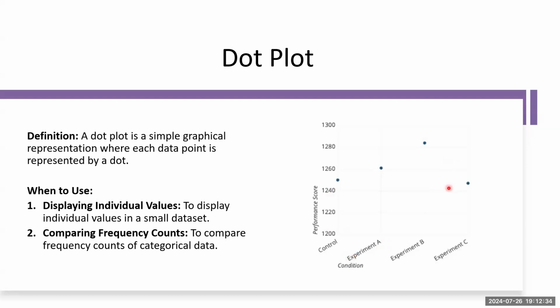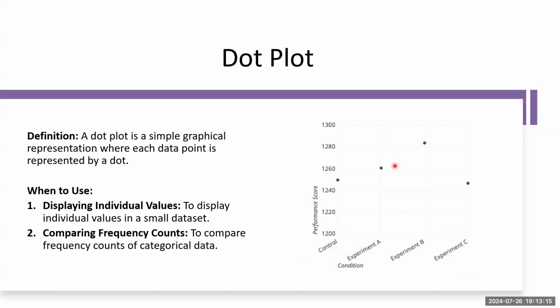So in this unique case it is better to use a dot plot, because we are not looking at frequency here. But if we were comparing frequency count, we could have used the bar graph or a dot plot. But for this unique case of displaying individual values, for example, here we are just looking at the performance score as against experiment, then it's right to use a dot plot.